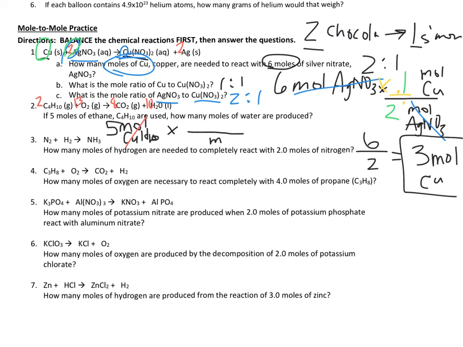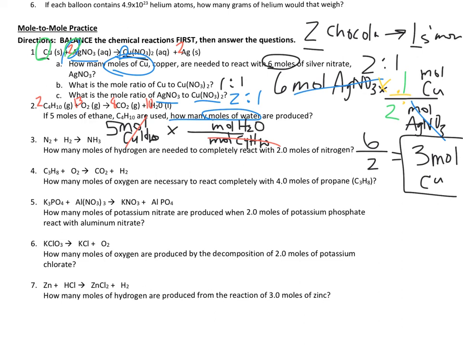So that means on the bottom of our conversion factor, we're going to put moles of C4H10. Okay. And then on top is what we need to find. In this case, it is moles of water. So moles of H2O go on top. So see, we have moles of C4H10 canceling out. Moles of water is what we're left with, which is exactly what we're trying to find.